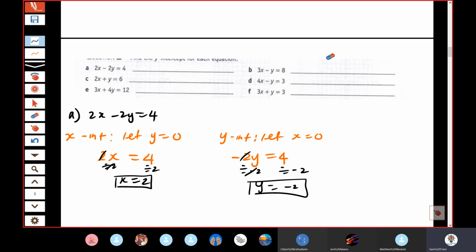For B, 3x is 3x, and 1 is 0. We'll do that here. 3x equals, like this. So that is it.